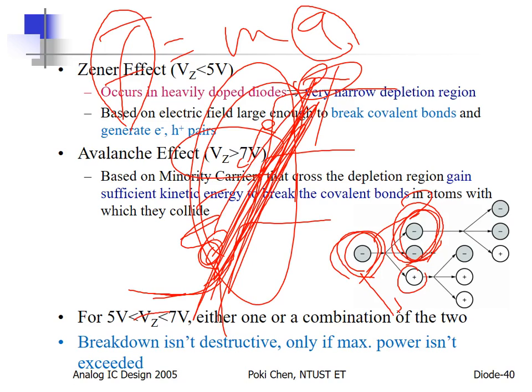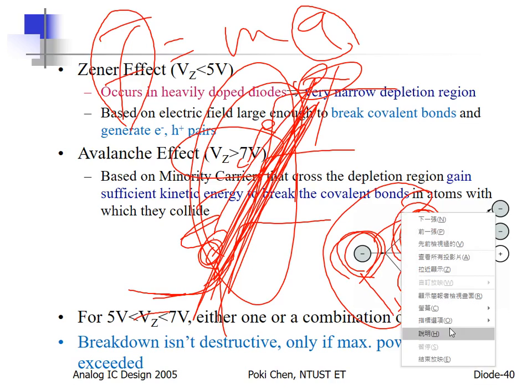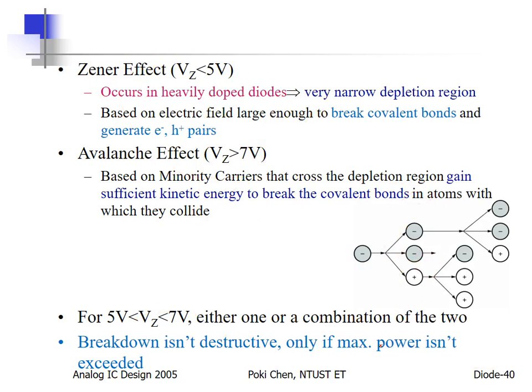Anyway, under such circumstances, one electron can generate 3 charges: 2 negative, 1 positive.